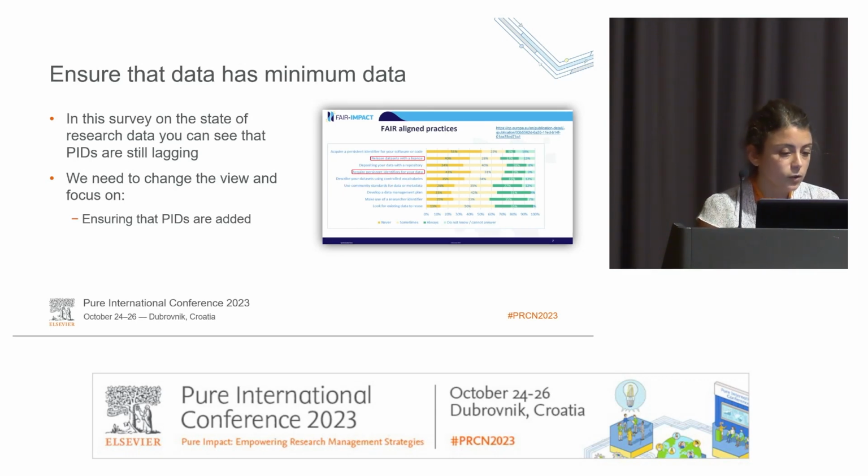You can see that the yellow part, never or not often, is still very large. So this is still not something that people are doing. And the second one is how many acquire or put persistent identifiers on their data, on their research outputs, on their data set. And even here, you can see that the majority is still not there.